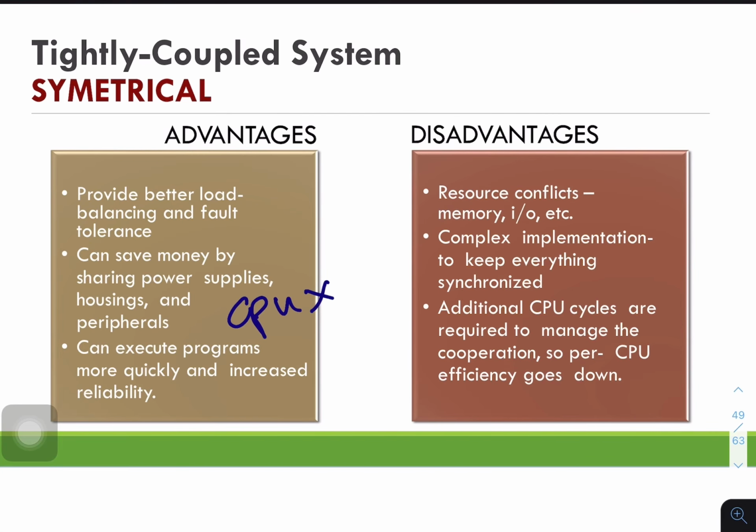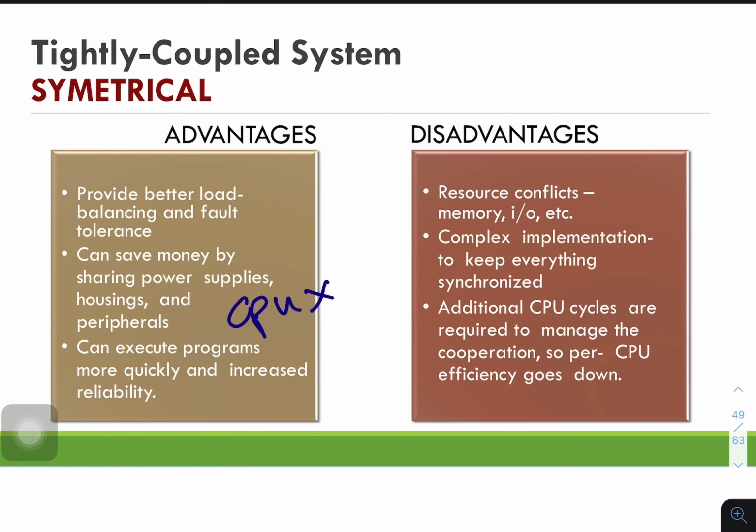Okay, dan disadvantage dia mungkin akan ada conflict in memory resources ataupun input-output resources lah. Pendek katanya kita boleh kata dengan kata mudah, the CPU macam berebut lah untuk menggunakan memory. So itu adalah one of the disadvantage of symmetrical tightly coupled system.